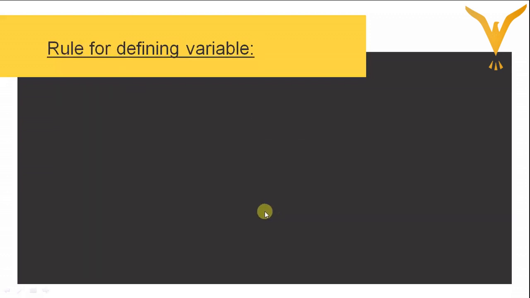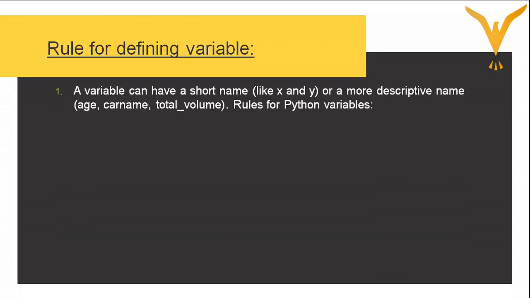Okay, so there are certain rules that you should know about defining a variable. Whenever you are selecting a name for a variable, there are certain rules you should know. The very first thing is that a variable name can be a short name.